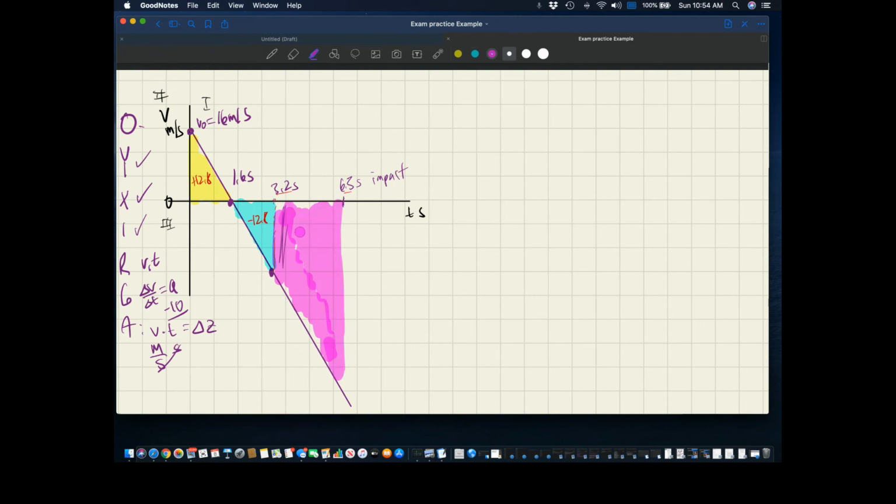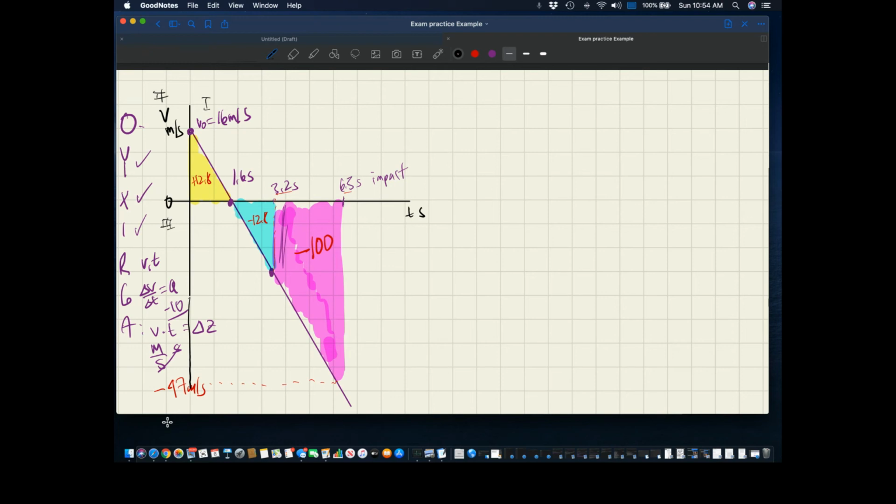And we know that it hits the ground when the position is minus 100. So the area in this case is minus 100, and that would correspond to a value over here of minus 47 meters per second. That's what the y-axis value would be, minus 47. So that's how this motion plays out on a VT graph.